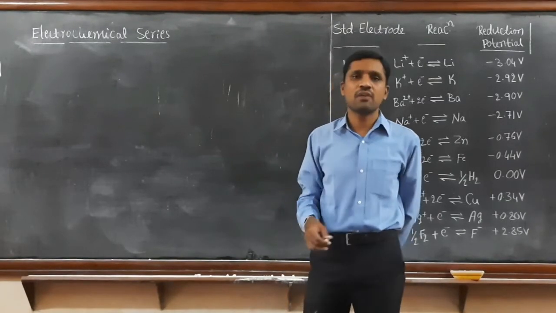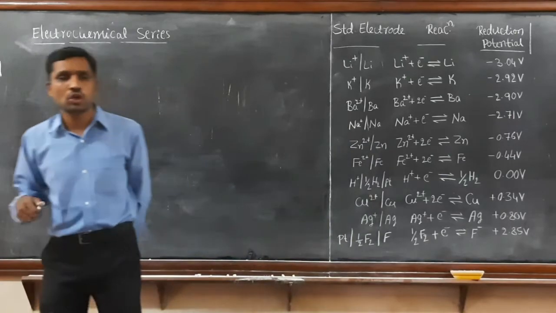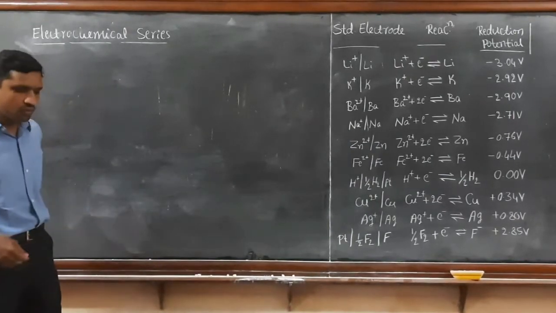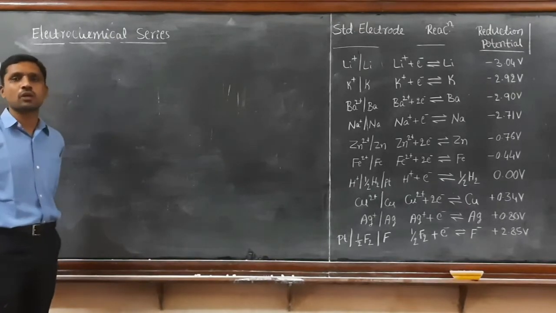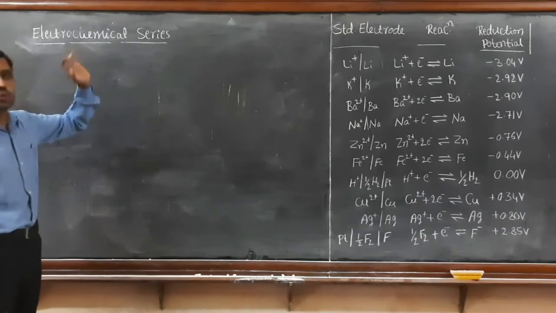So a metal will have a different electrode potential with respect to its ions, and also a different reduction potential. So in order to determine the respective electrode potential of a particular metal as well as its ions, the electrochemical series should be followed.